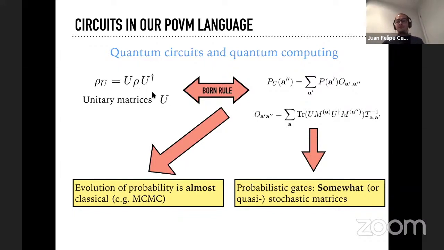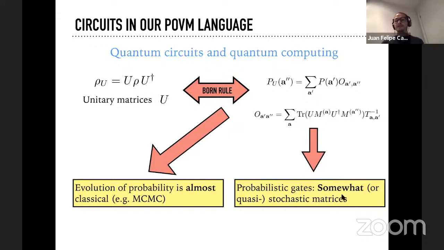And when you do this game of writing everything in terms of probability distribution, what you get is this equation. You start from an initial probability distribution PA, and then you multiply it by a matrix, and you get your rotated distribution. So this matrix is very special. It's obviously related to the unitary that you apply in the state, but it has some interesting properties.